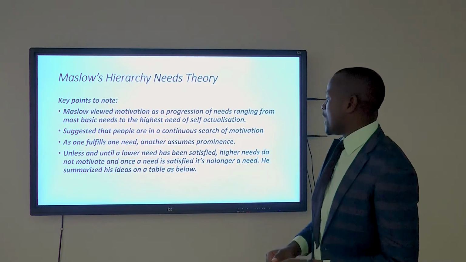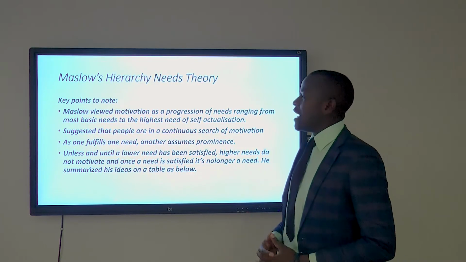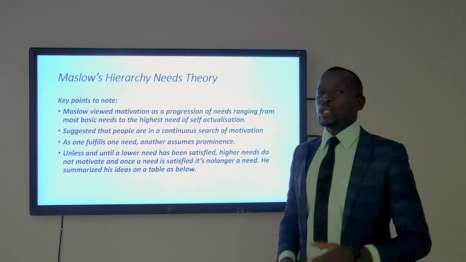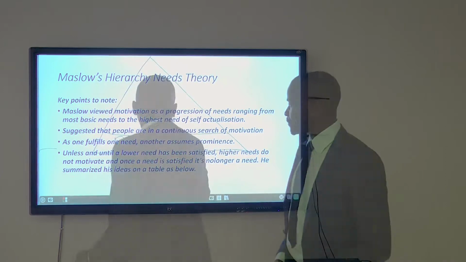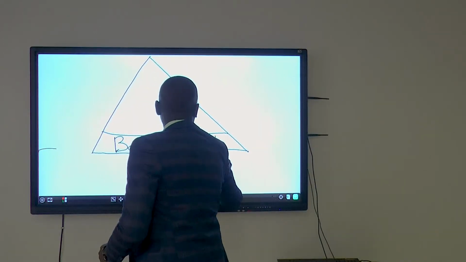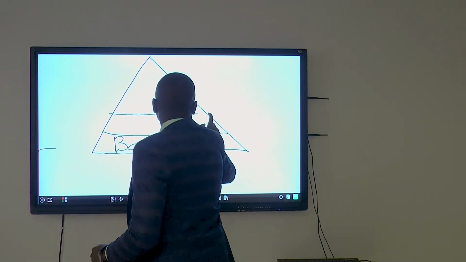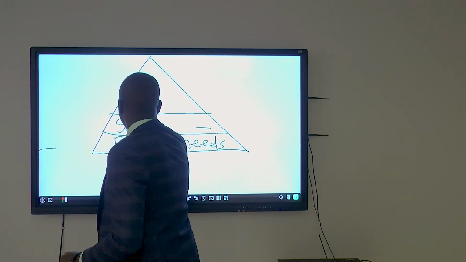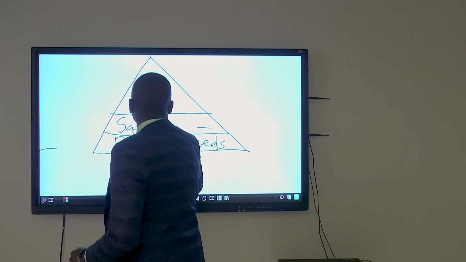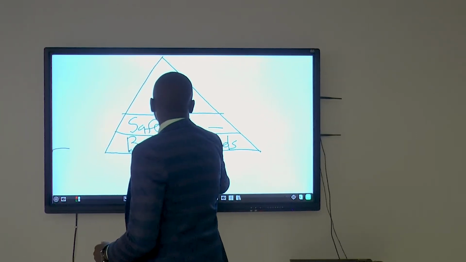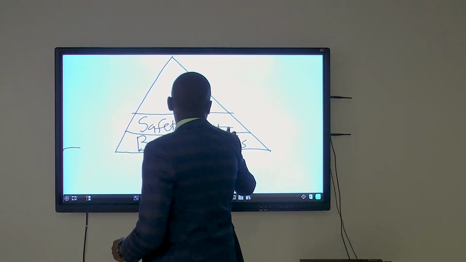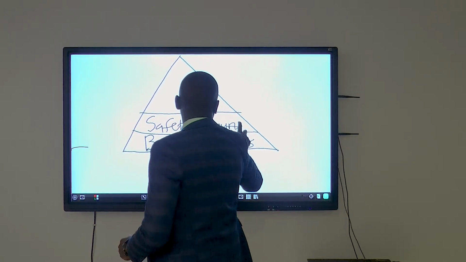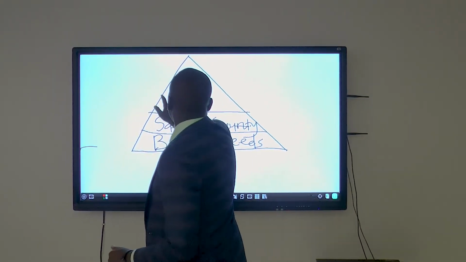Okay? We are going to summarize Maslow's hierarchy of needs using a table. We have basic needs at the bottom. Then secondly, we have safety and security needs.